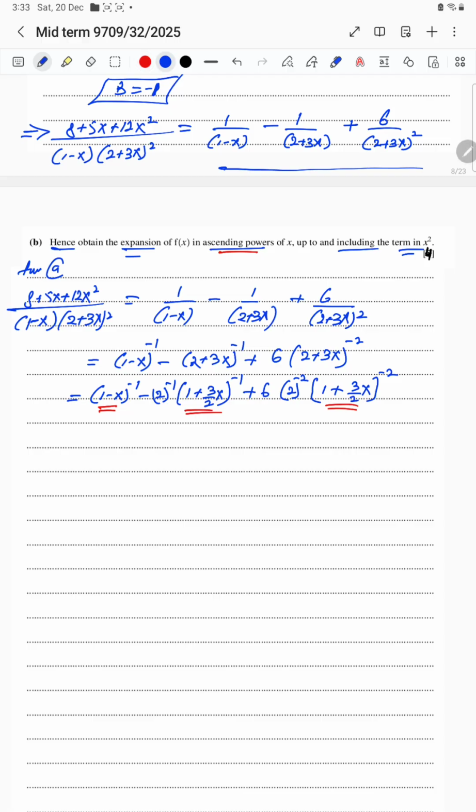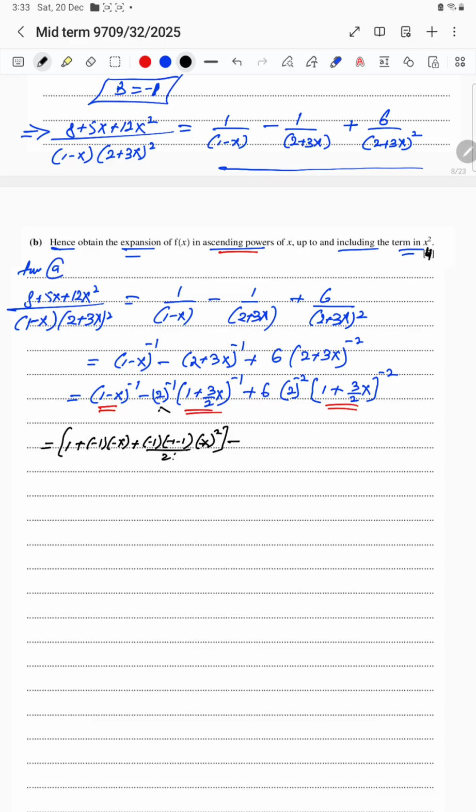So here I'm going to expand this. This will be 1 plus nx plus n(n minus 1), you can see the formula from the formula sheet, over 2 factorial, x squared. I'm just going to finish the answer up to the x squared term, as x squared is required.